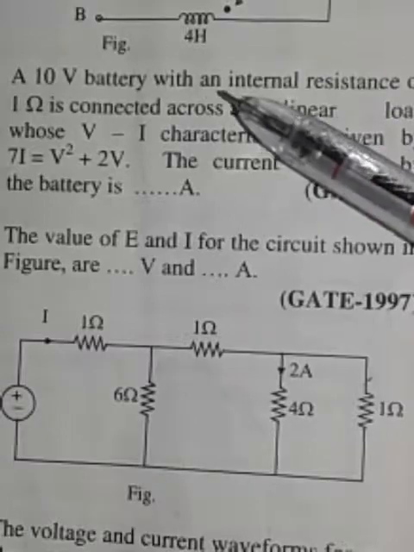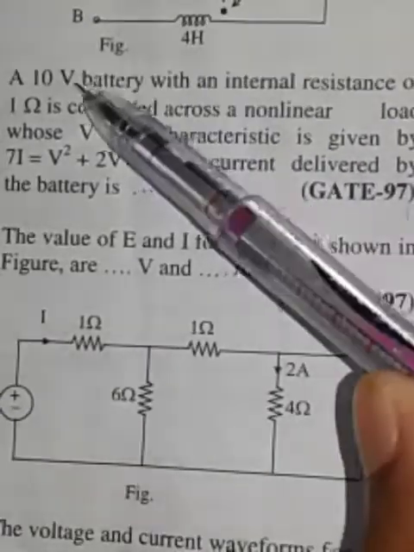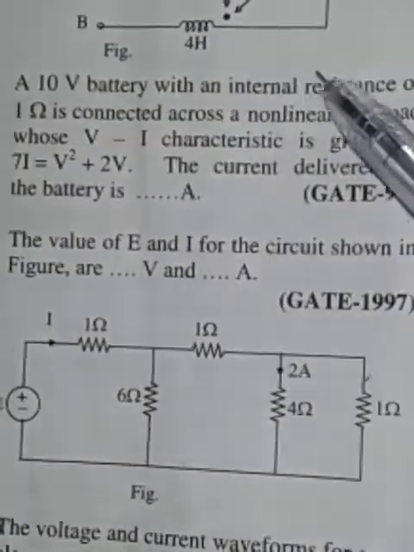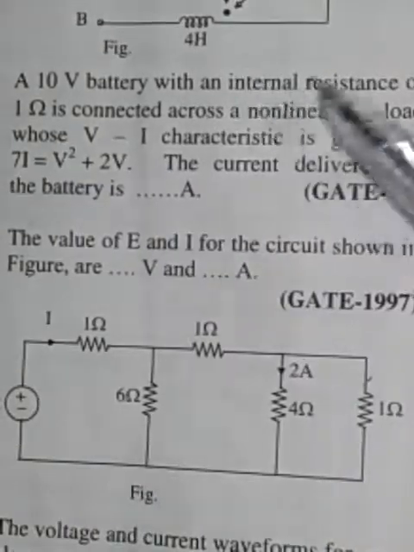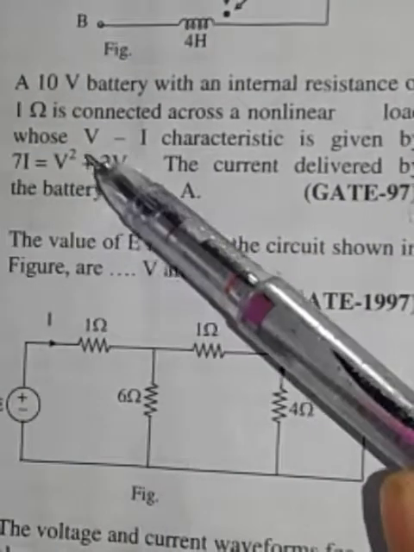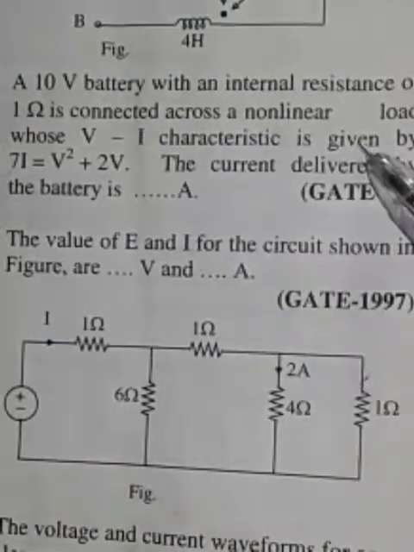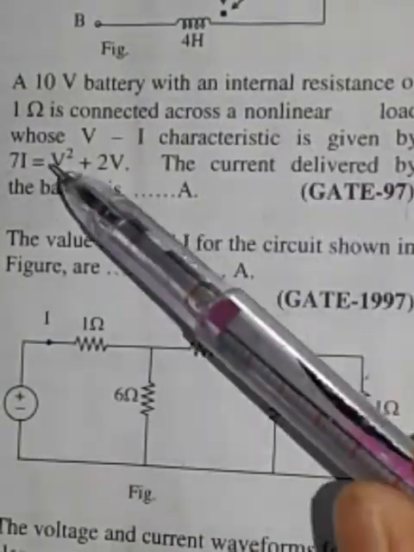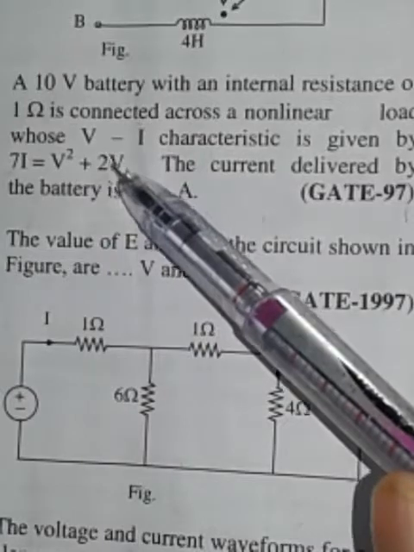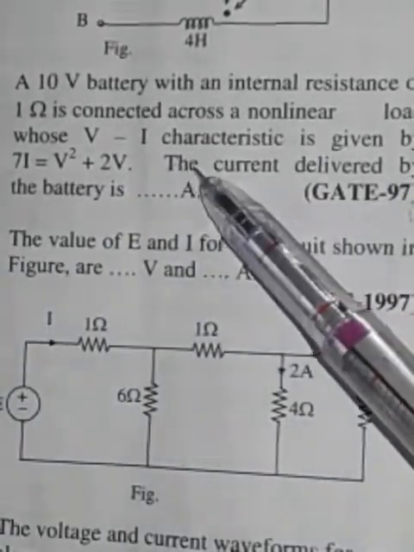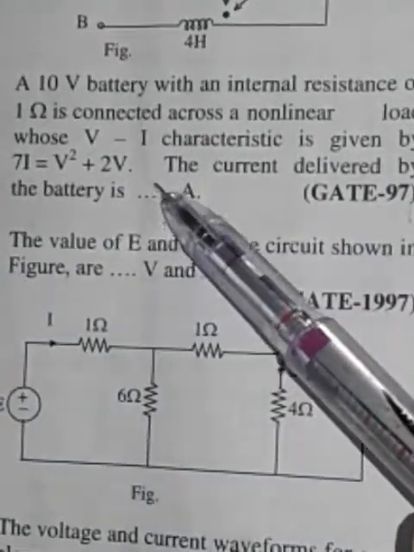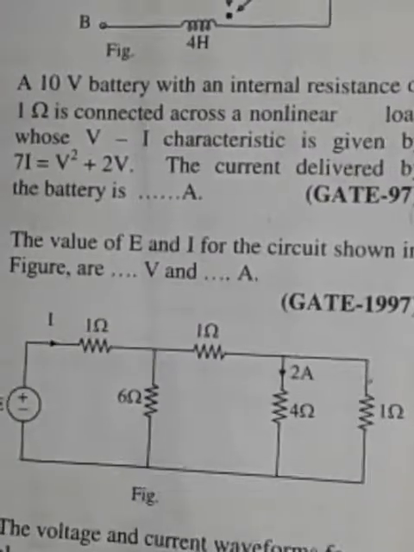In question number 27, they have given a 10 volt battery with an internal resistance of 1 ohm, which is connected across a non-linear element with voltage V, and the VI characteristic equation is given by 7I equals V square plus 2V. They are asking to find the current value.